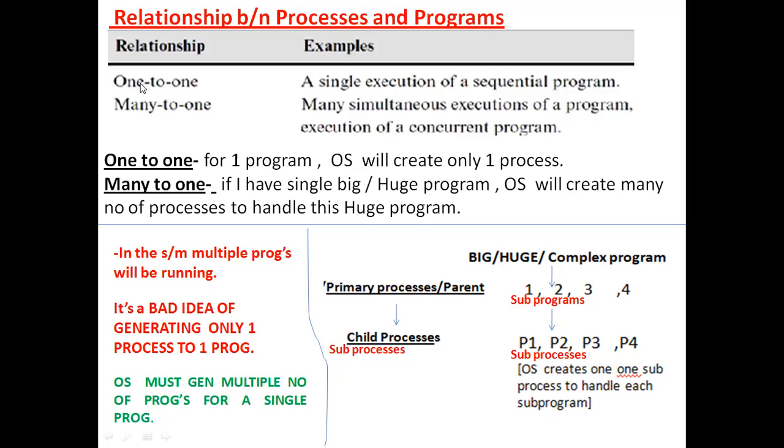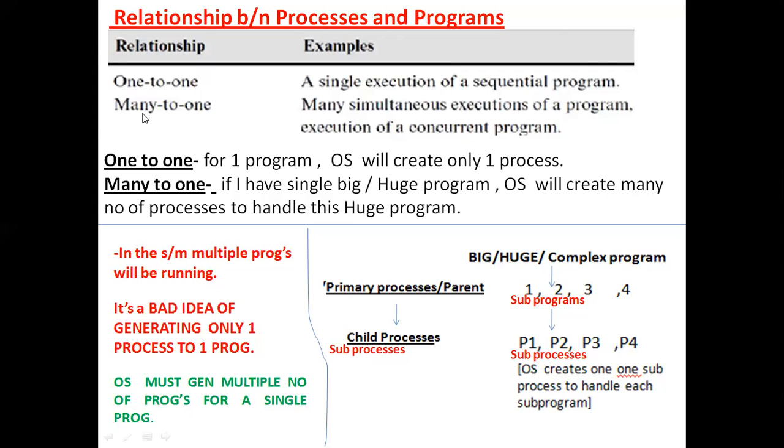As the name itself indicates, in the one-to-one relationship, a single execution of a sequential program means that for a single program, the OS creates only one process which can handle the execution of that particular program.